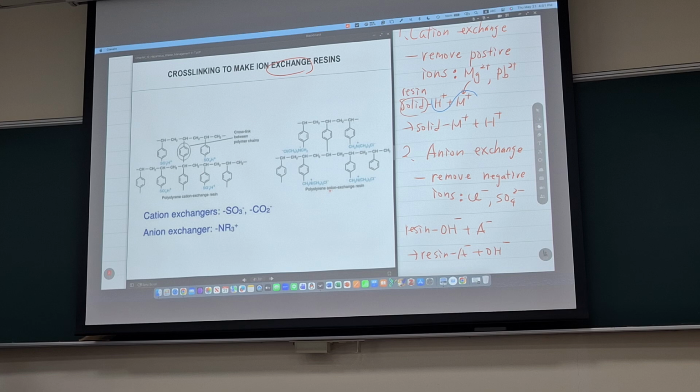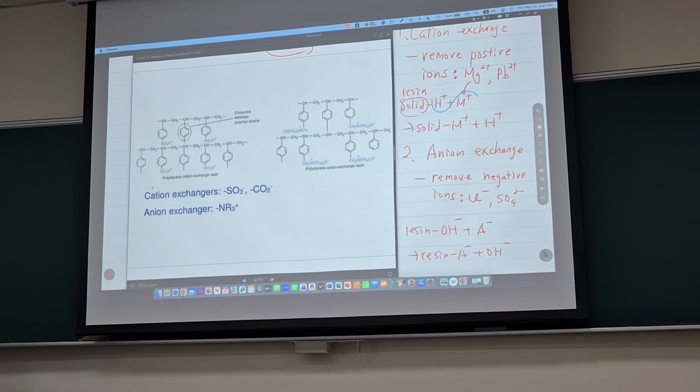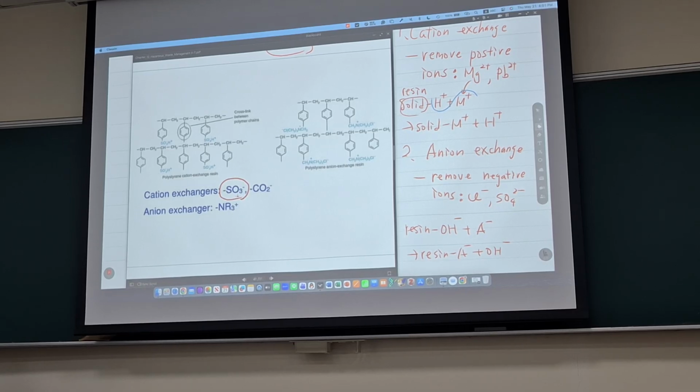Okay? And normally, students, take a look at this slide. Normally, we use sulfonate as the functional group for cation exchange.